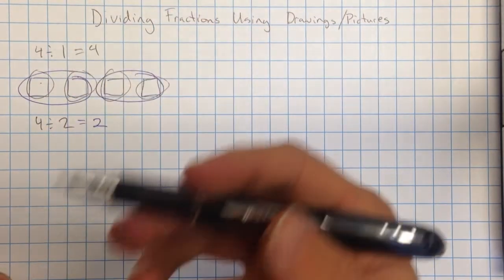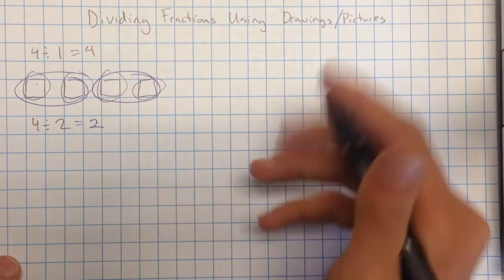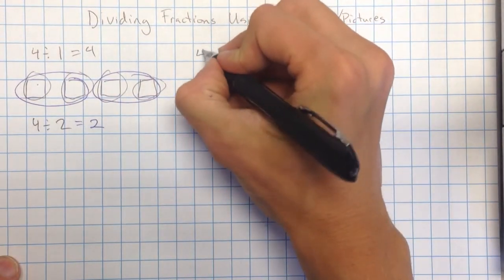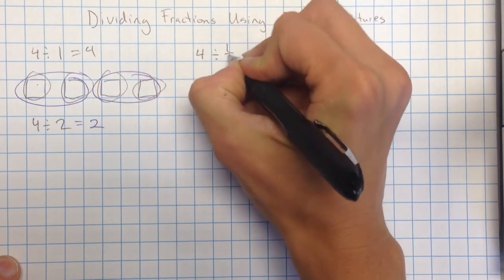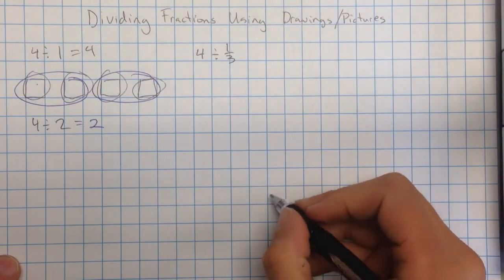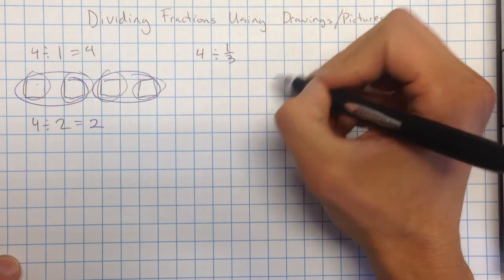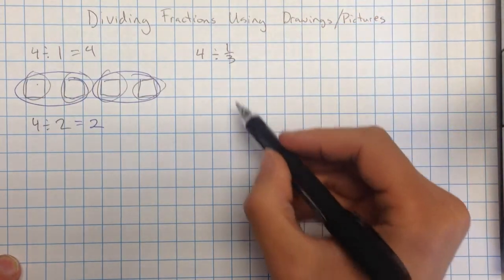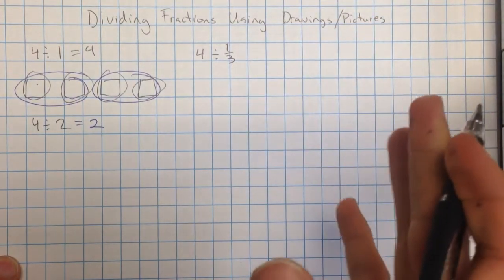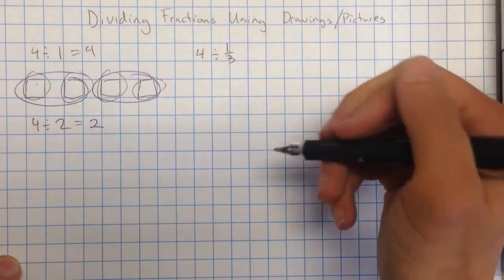Okay, but when we're thinking about fractions, we're going to think a little differently. So let's say I had the problem 4 divided by 1/3. So if I'm dividing by 1/3, I'm going to think about drawing 4 wholes. Now if I'm talking about thirds, I usually want to think, how can I make my whole involve thirds?